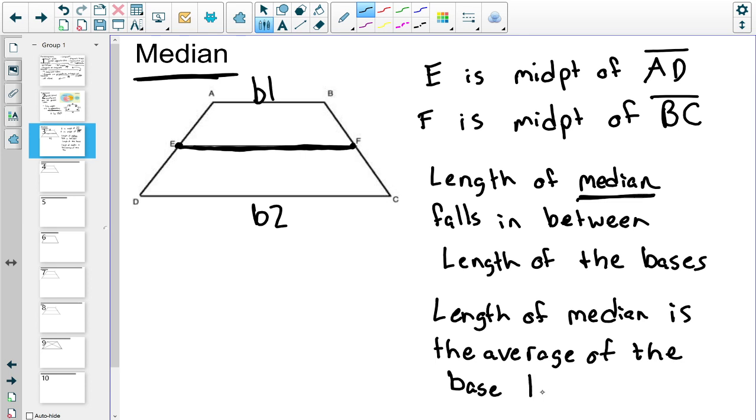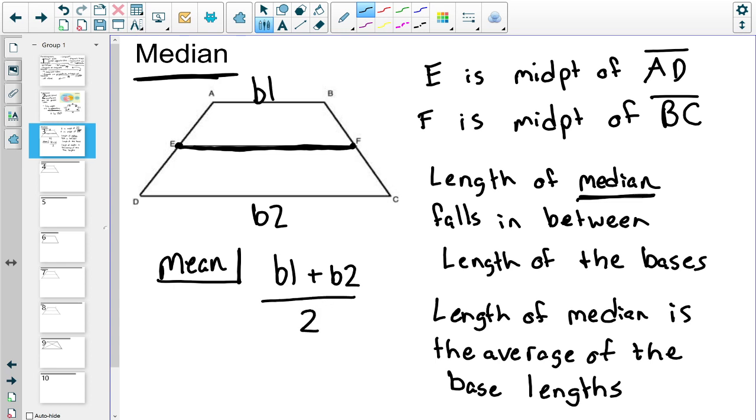Now, what does average mean? What's another word we use for average? Mean. We say the mean of something, you add it up and divide by the amount there. So in order to find the median of a trapezoid, you get base 1 length plus base 2, divide that by 2.